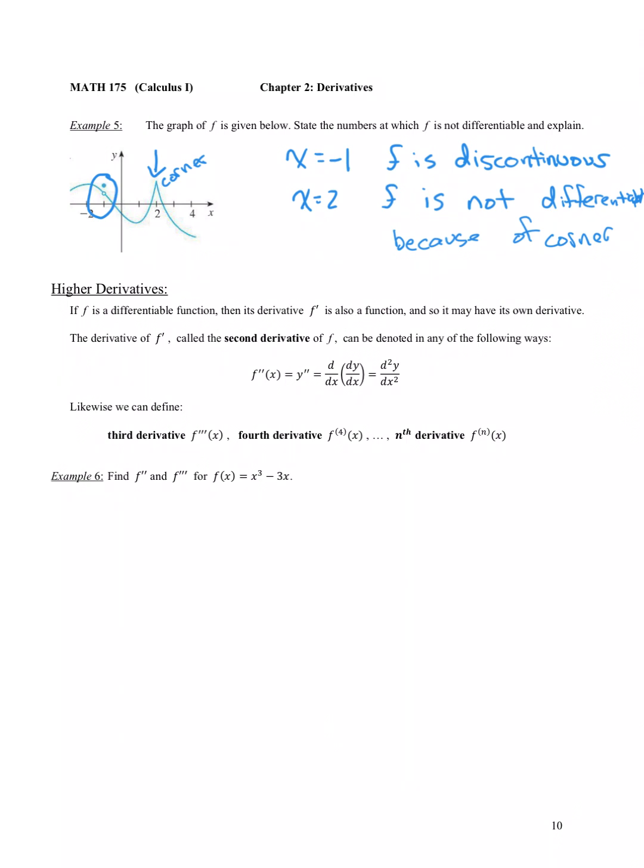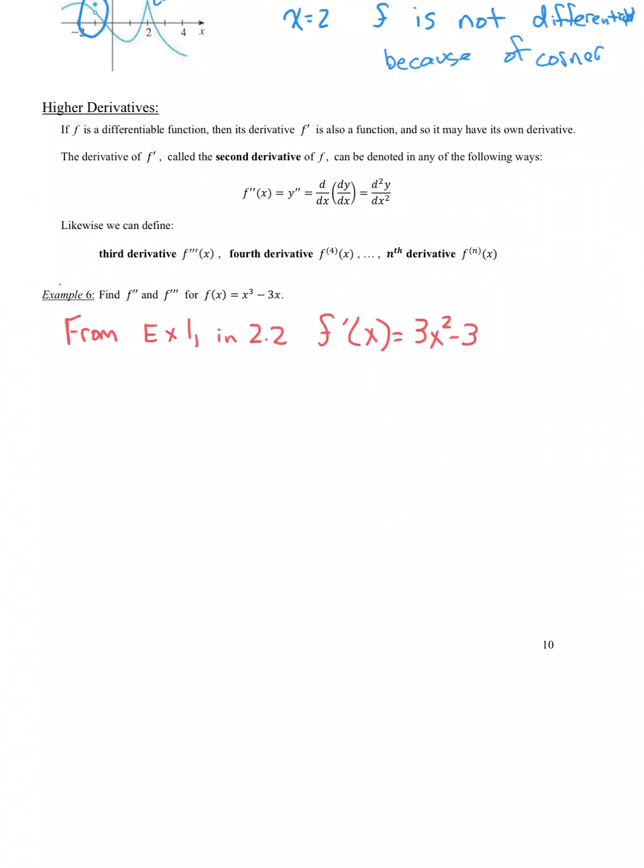We can take the third derivative, which might be shown like this. So for a moment, this example 6 asks us to find the second and third derivative. I'm just going to find the second one. And then in order to find the third, you take the derivative of the second derivative. But let's go ahead and do this.